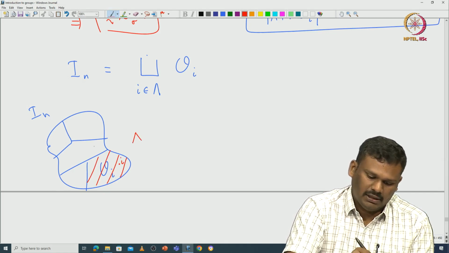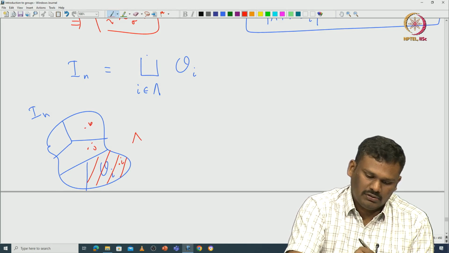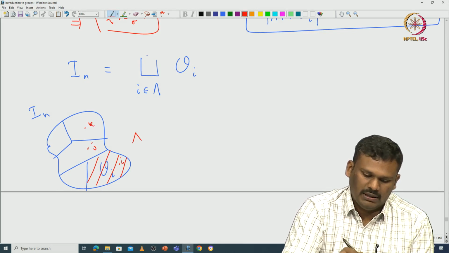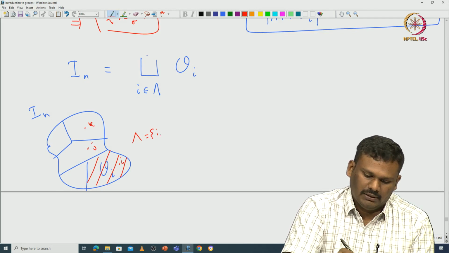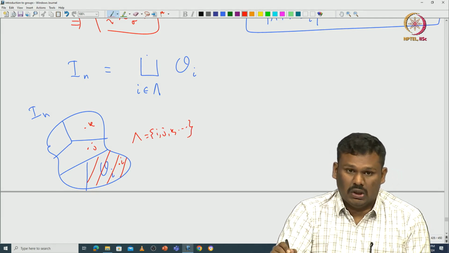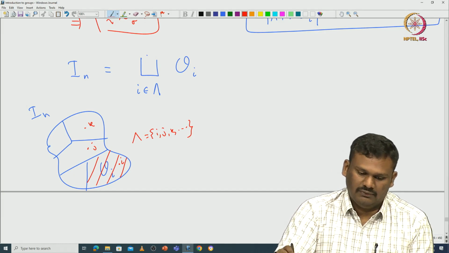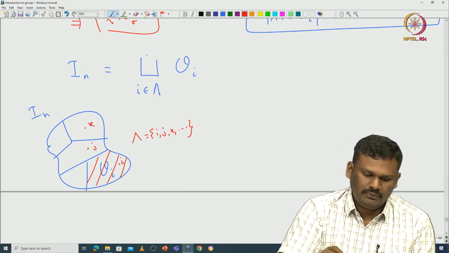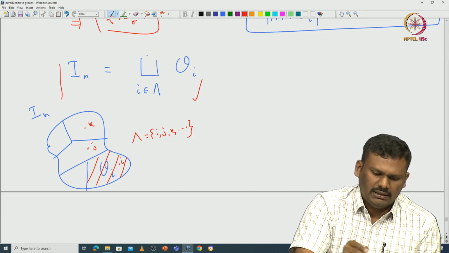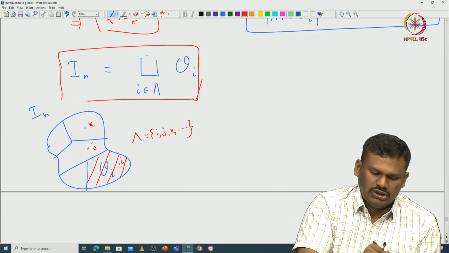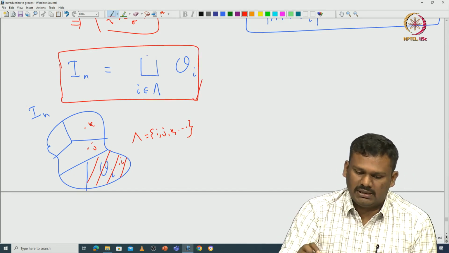So that is called the indexing set of these orbits. Now it is very clear that I_n is just a disjoint union of all these orbits.